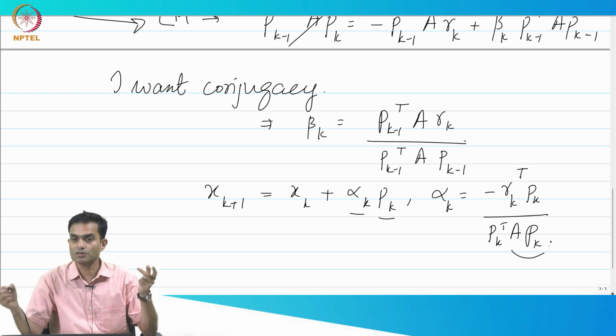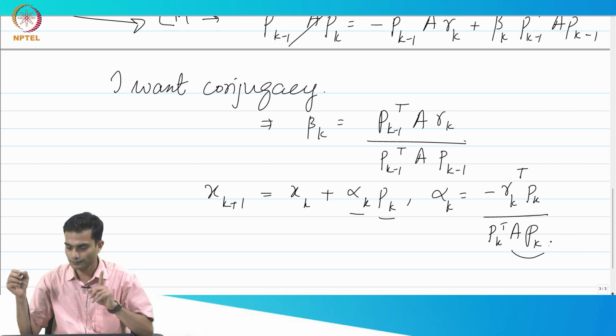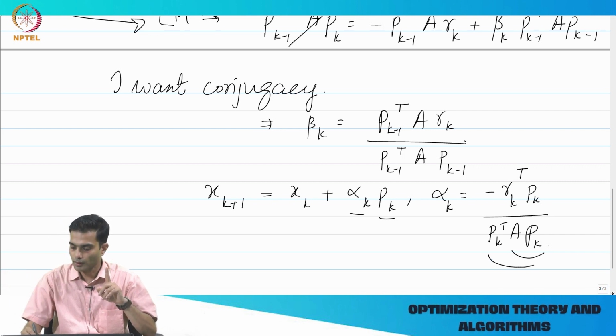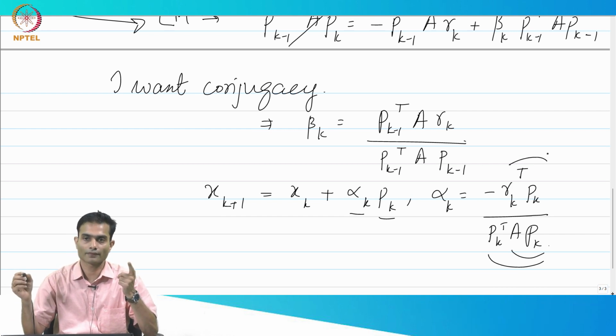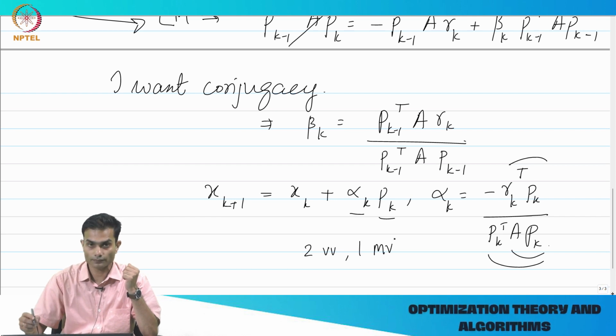There is A times pk, which is a matrix vector product. There's one matrix vector product. Then it is a vector-vector product. The numerator is one vector-vector product. How many do I have so far? Two vector-vector products and one matrix vector product.